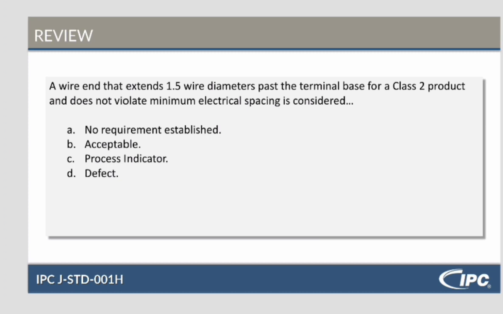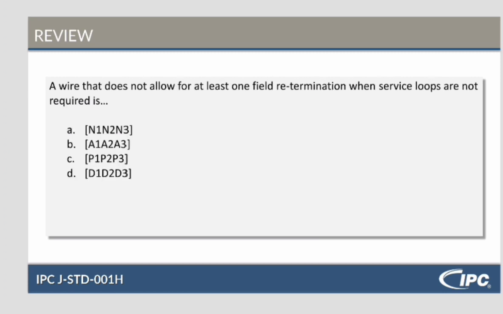So since it does not do that, that is considered acceptable. Even though two conditions were called out, one of them was not something that could be deemed acceptable because it's just a should. Since the other one is a shall, then the whole thing is acceptable, if that makes any sense.